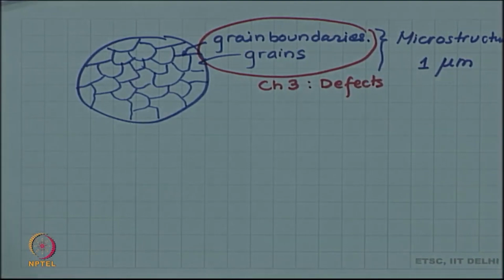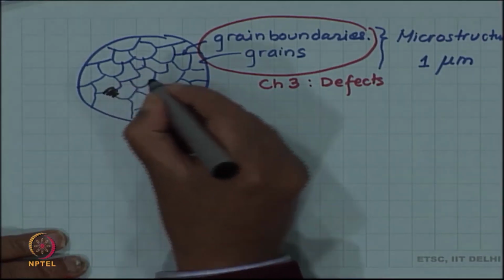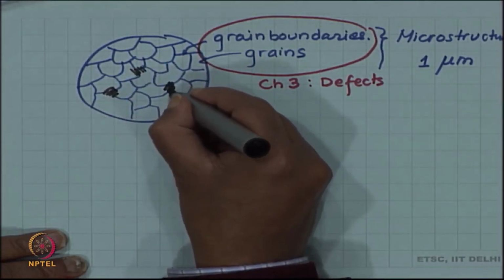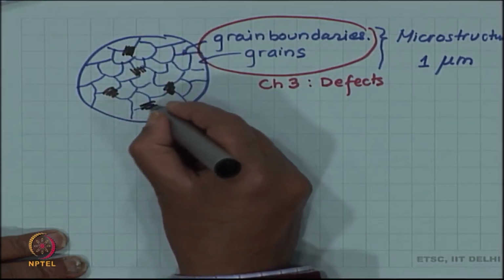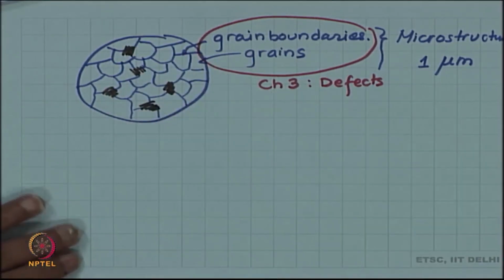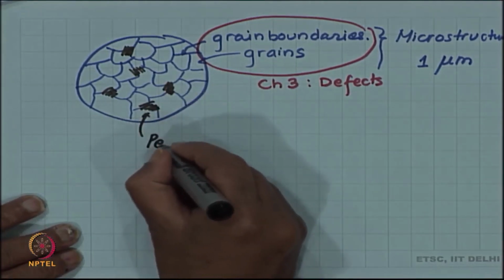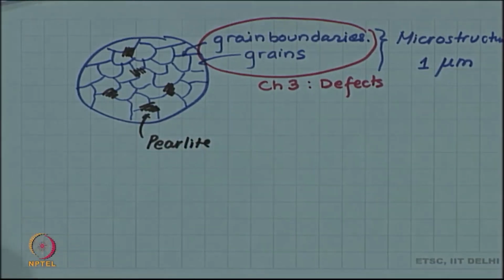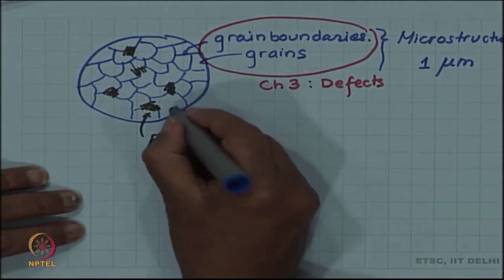In fact, it is not only these grains and grain boundaries; in certain regions there are some dark patches also, which we will call pearlite, and these lighter regions which we call grains are the ferrite.